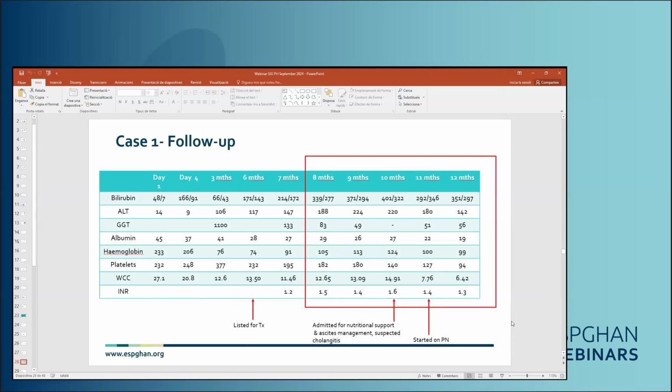The child seemed to be getting on okay, and hit a step when the nutrition began to suffer, required heavy supplements via nasogastric feeding, etc., but then developed frank ascites and had an episode of suspected cholangitis, which is where you can see the bilirubin rose up to about 401. At that stage, the baby was an inpatient on the hospital ward, and we even had to start parenteral nutrition because we could not get this child to gain weight. If you move to the next slide, please, Maria, so I can run through the scans.